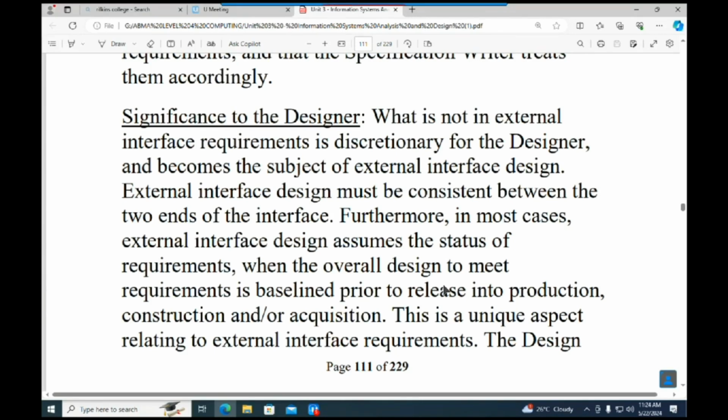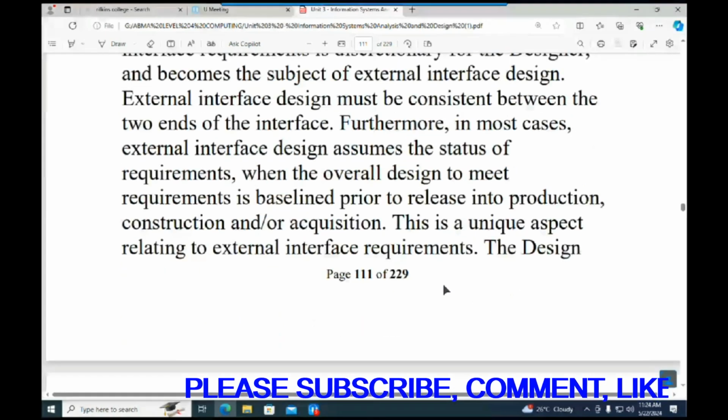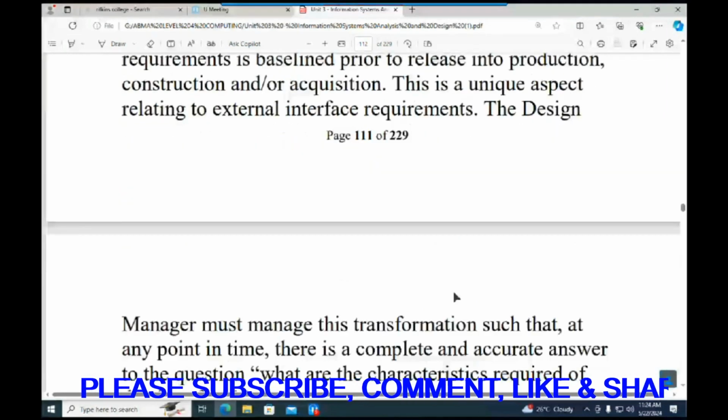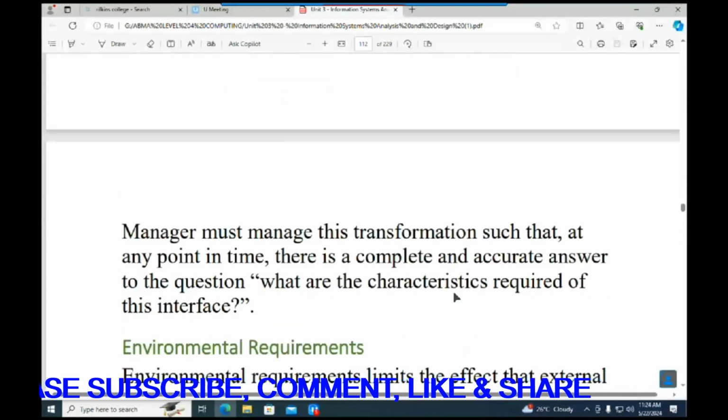But in most cases, we have that external design that is going to assume the status of requirements. For example, when you have the overall design to meet the requirements, it is maybe a baseline prior to the release into the production, or the construction, or the acquisition. So it is somehow a unique aspect relating to external interface requirements.